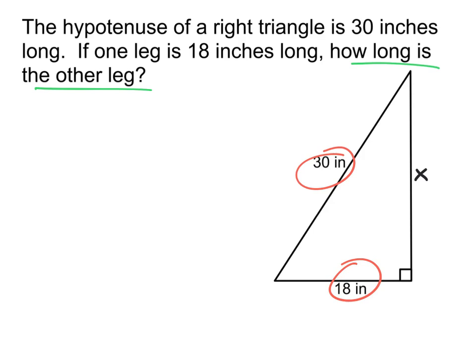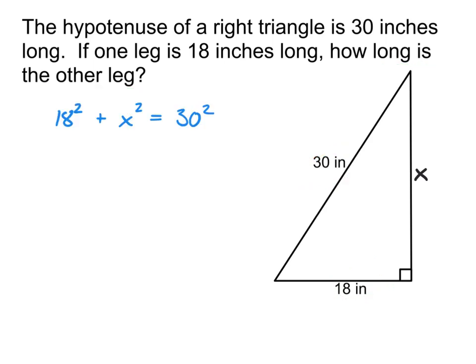And then this one starts looking a lot like that last problem, doesn't it? And so we can go ahead and solve from here. I do 18 squared plus x squared equals 30 squared. Then the next thing I'm going to do is go ahead and square those two numbers. And then once I've squared those numbers, I can go ahead and subtract the 324 from both sides.